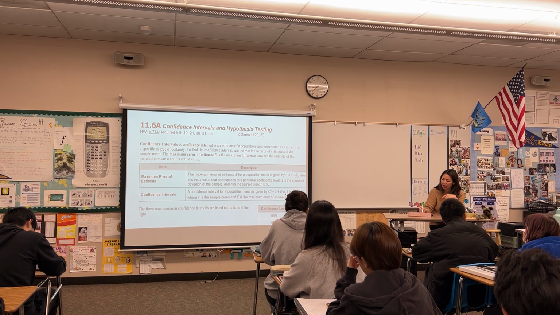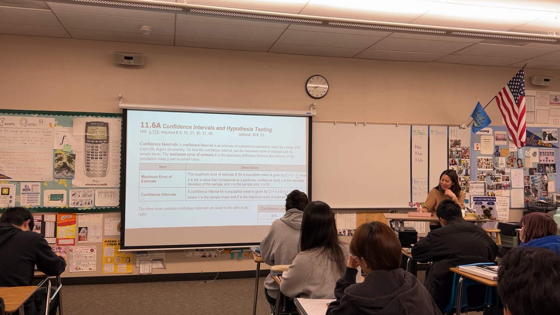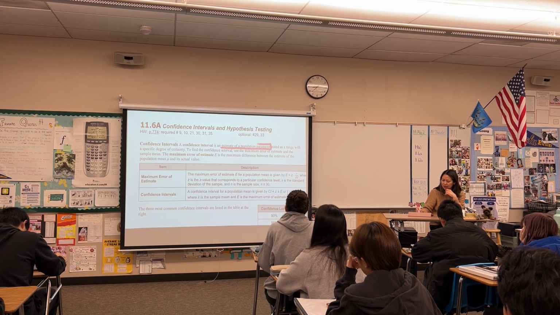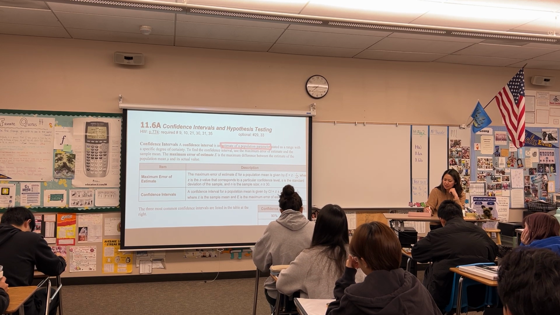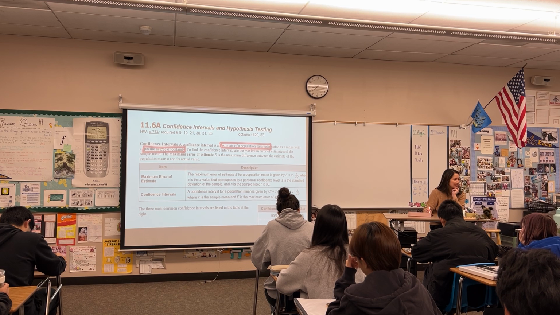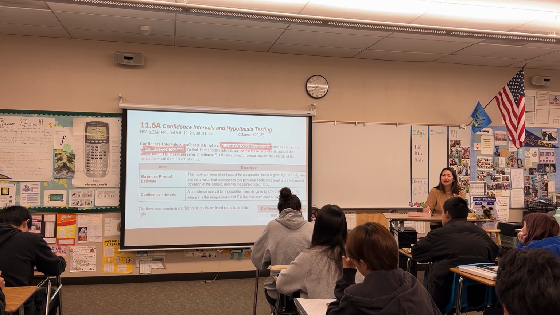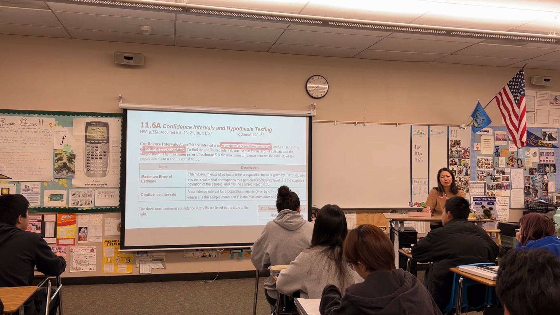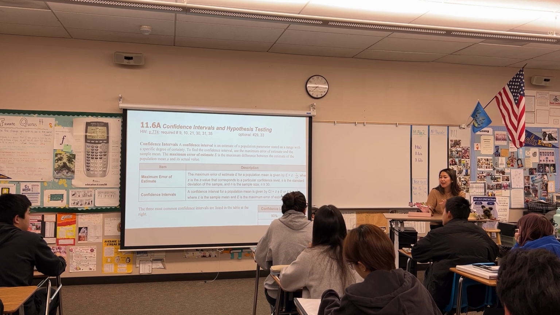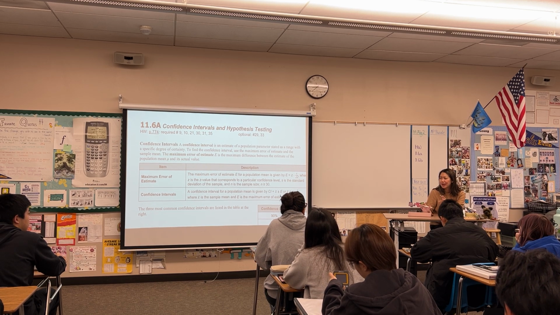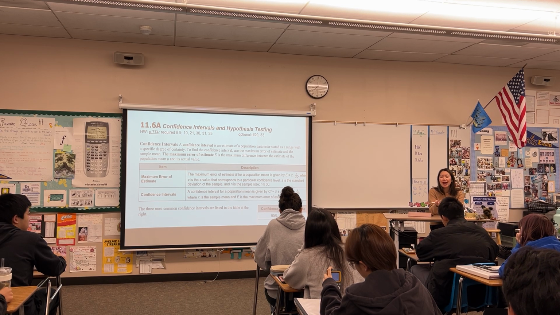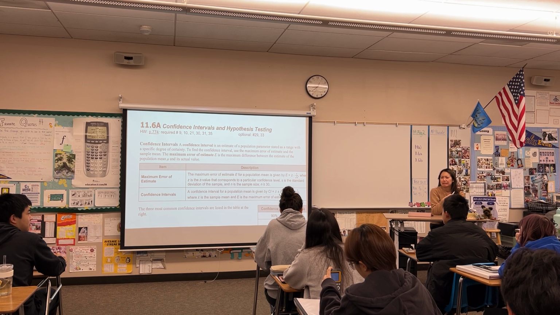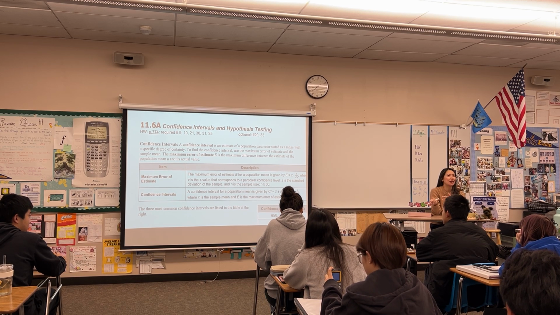So specifically for confidence intervals, the goal is to estimate something about the parameter to a specific degree of certainty. So when you say a confidence interval, it's going to sound something like, I'm 95% confident that the true average price of a prom dress is between $80 and $120.